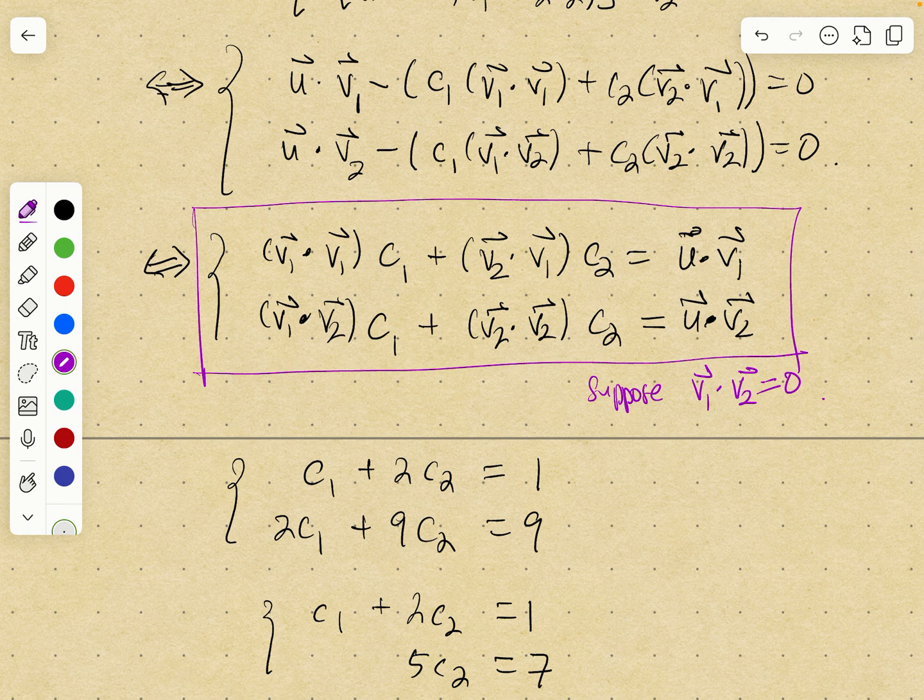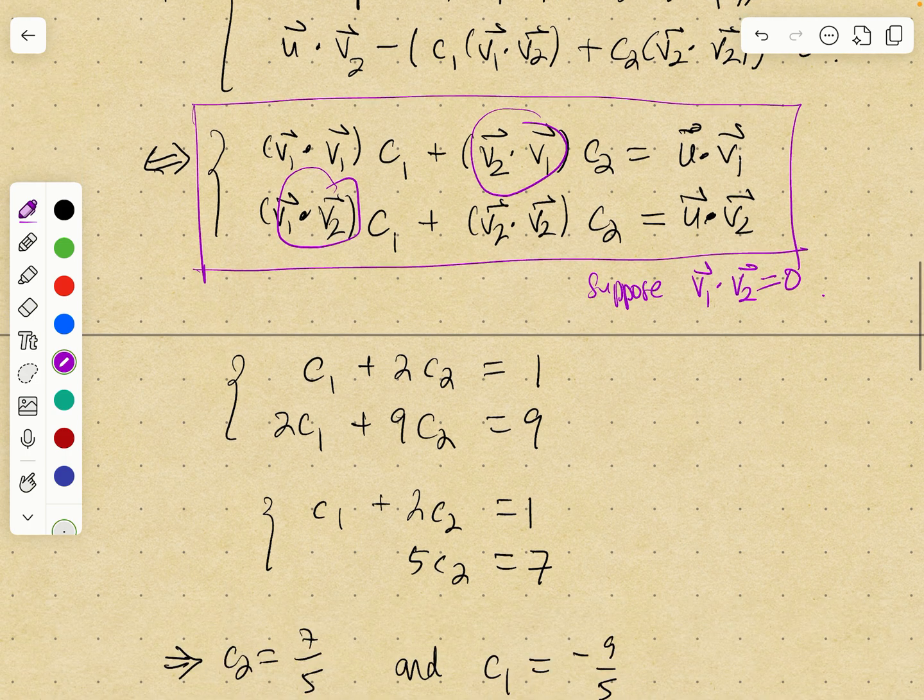Suppose that we had orthogonal vectors. Well, in this case, v2 dot v1 and v1 dot v2 would both be 0. And then this first equation would be v1 dot v1 c1 equals u dot v1. So in that case, you can divide both sides by v1 dot v1 and get that c1 is u dot v1 divided by v1 dot v1.